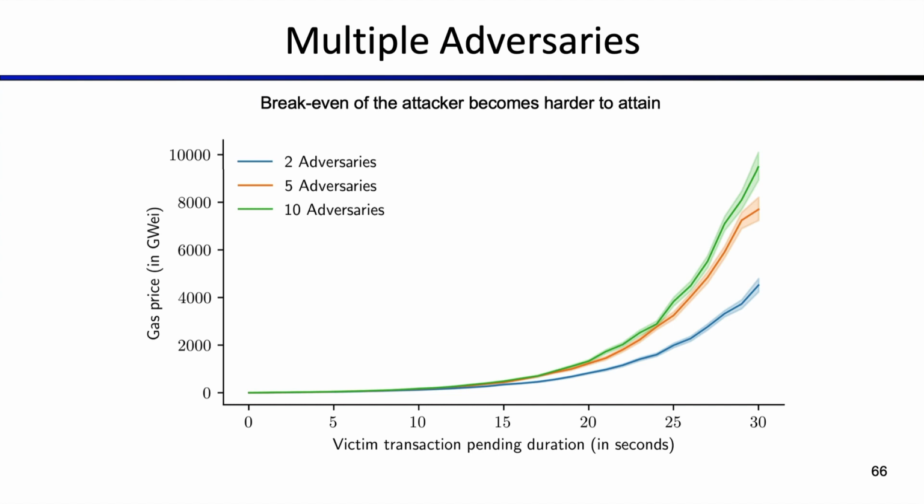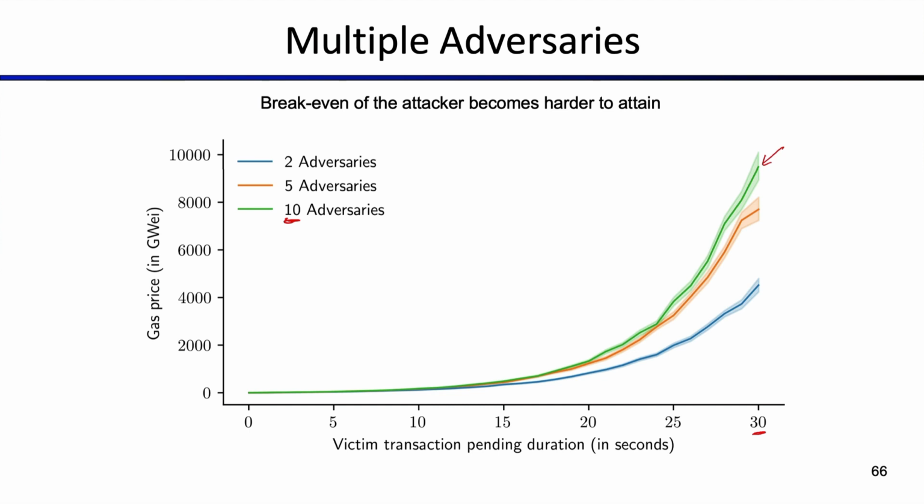So far, we've only looked at one particular adversary attacking a victim, but naturally the blockchain environment is one where we have many adversaries, and it's a very competitive endeavor. So we tried to understand what happens if we have multiple adversaries who try to outcompete each other. The longer the victim transaction is pending, in seconds here in the Ethereum network, up to 30 seconds and up to 10 adversaries, we try to simulate what gas price will evolve, right?